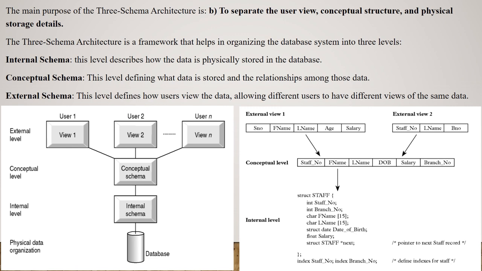The purpose of the three schema architecture is B, to separate the user view, the conceptual structure, and the physical storage details. The three schema architecture is a framework that helps in organizing the database system into three levels: the internal schema, the conceptual schema, and the external schema.